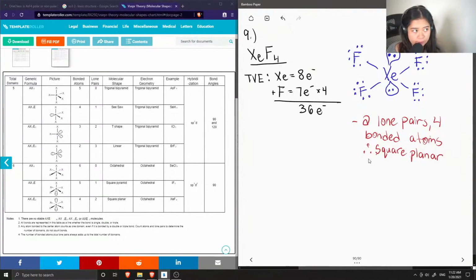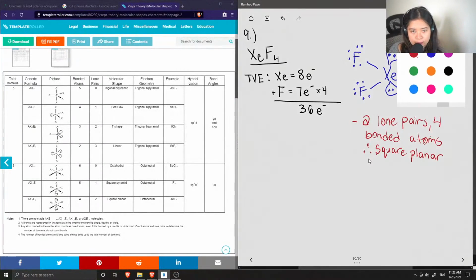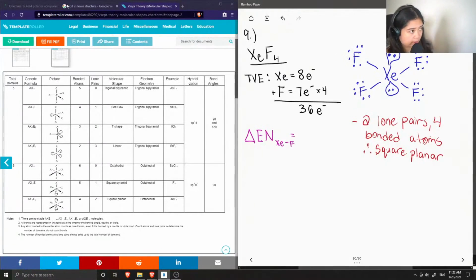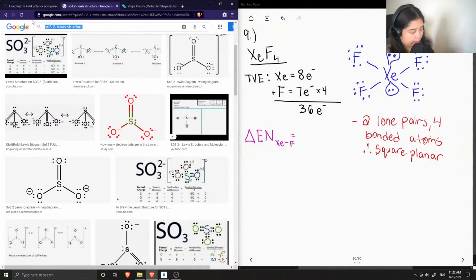Okay, so we know the molecular shape. And now let's find out whether or not a xenon-fluorine bond is polar or nonpolar. So to do that, we need to calculate the electronegativity difference between xenon and fluorine. So now let's look up the electronegativity values.